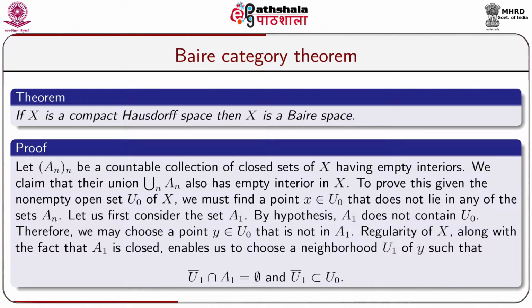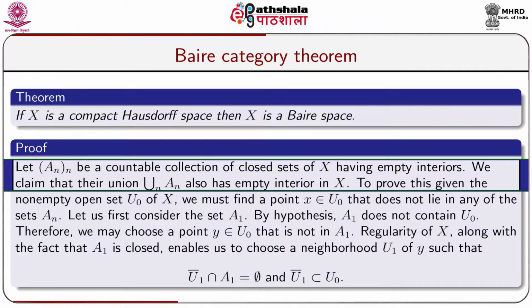As I have claimed in the introductory discussion, let us first prove the following theorem, which is also called the Baire category theorem. If X is a compact Hausdorff space, then X is a Baire space. To prove this theorem, we shall use the closed set formulation of Baire space.